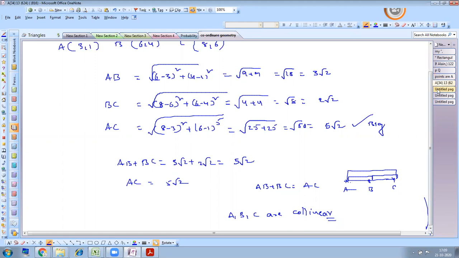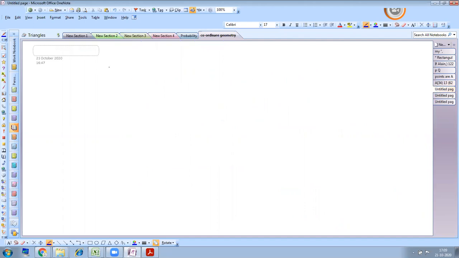Suppose I am giving the 4 points A, B, C, D. How can I say what kind of shapes these 4 points will form? Sandhya, what kinds of shapes can be formed? Square, rectangle, and the 4 points are non-collinear.